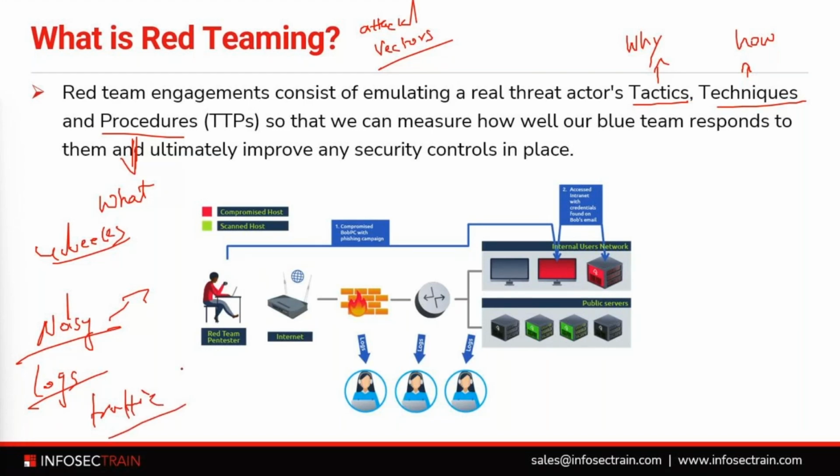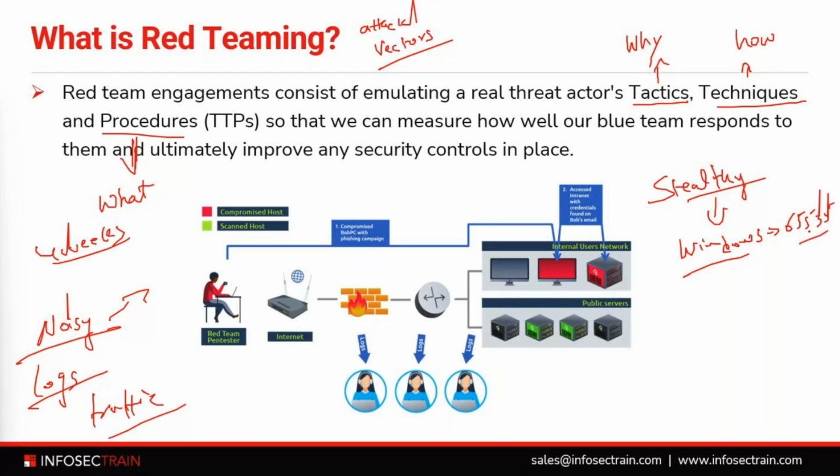And in a red team assessment, it takes a lot of time and effort, so we have to be stealthy. We have to use techniques which are not detected and which do not generate a lot of traffic. Let's say there is a Windows system which I found. In that Windows system, I will not check how many of all 65,535 ports are open, because it will send a lot of traffic.